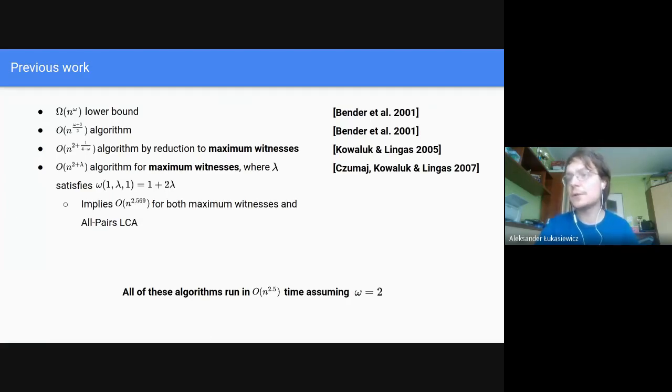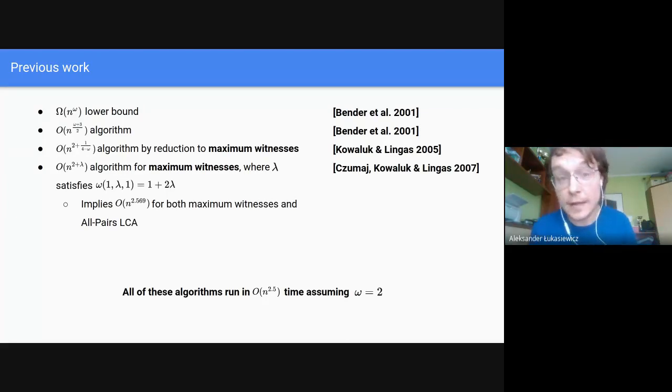The best known algorithm used maximum witnesses and rectangular matrix multiplication, and given the current bounds on ω, it ran in time n^2.569. Interestingly, assuming the conjecture that ω equals 2, they all run in time n^2.5.